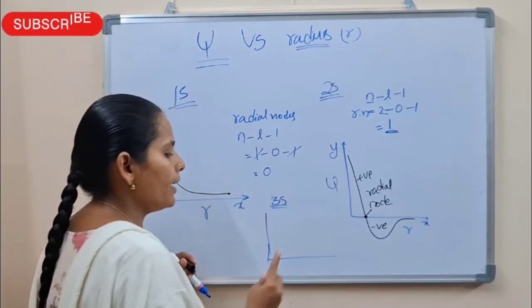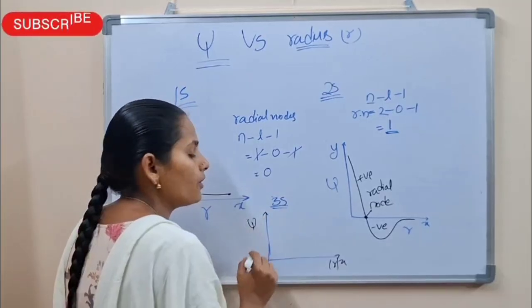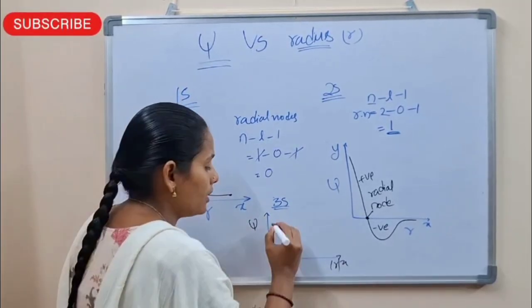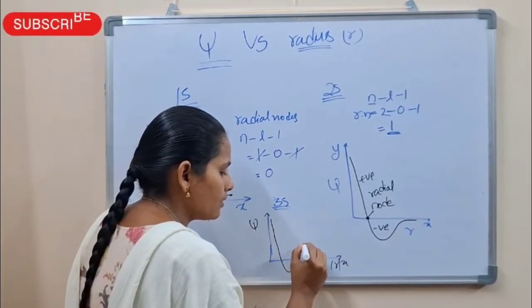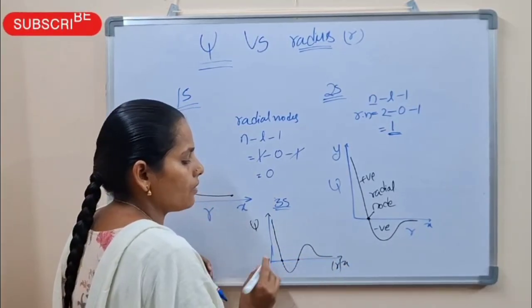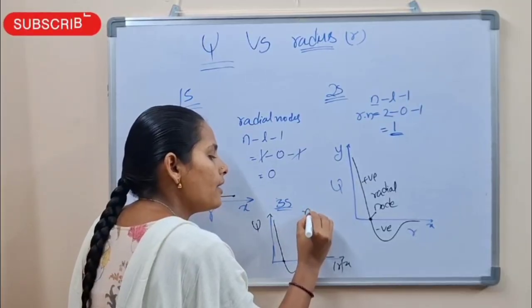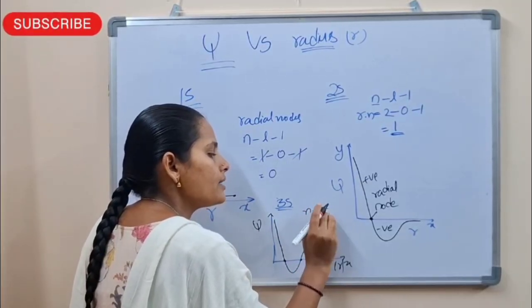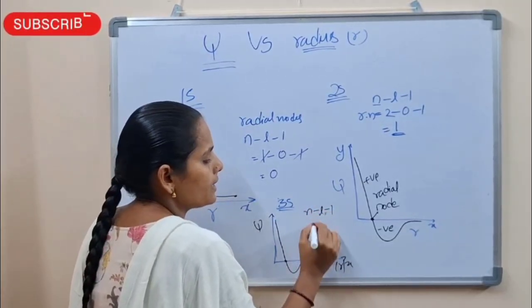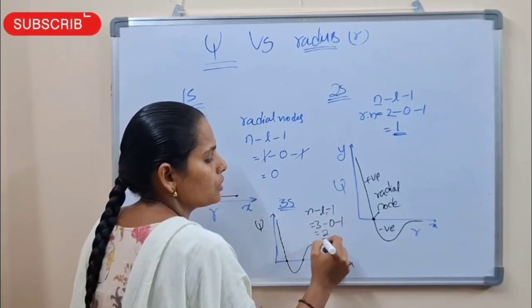Next, if we plot the graph for 3s, with the radius on the x-axis and the wave function on the y-axis, the graph will be like this. Here two nodes are observed. For 3s, the radial nodes are n minus L minus 1, where n is 3 and L is 0, minus 1, that is 2.